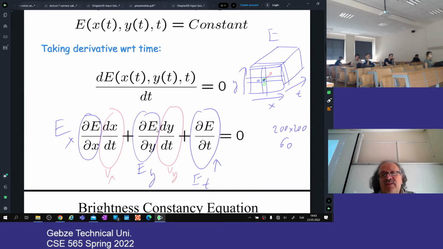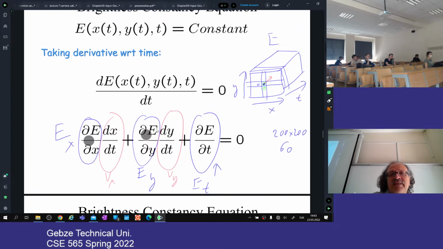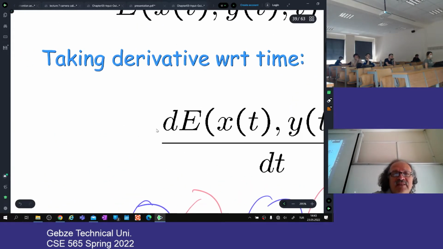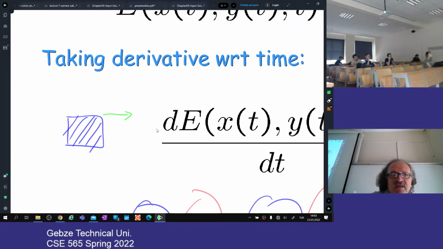The thing is that even the worst thing is this: let's say if this is my object, and my object is moving in this direction, okay, that's my velocity vector, and this is my gradient direction, right?